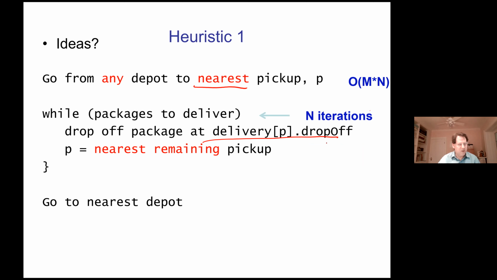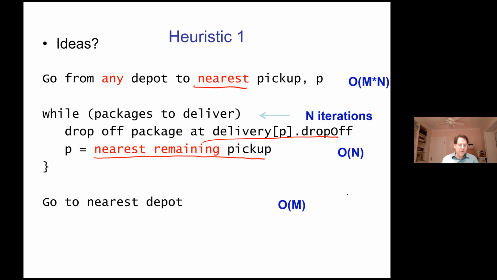That's just constant work. The find the nearest remaining pickup, I'm going to again do in a straightforward way. I'm just going to compute what the travel time is to every one of those pickups. So that's order n, because I'm at some intersection where I've dropped something off, and I'm going to figure out my travel time to every pickup location that there is. So that's an order n computation.